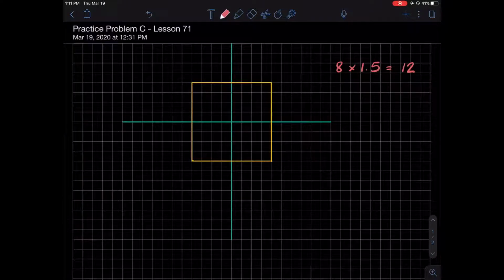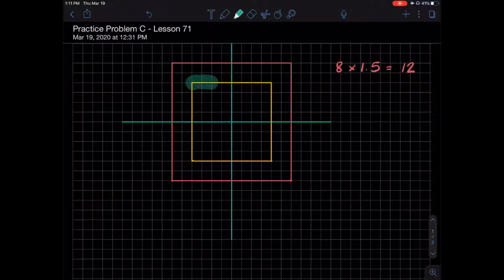So our new one is going to be, don't you just love how that snaps straight? I certainly do. So we have our new square, and they want to know what the perimeter would increase by. Our original side is 8, and our new side is 12.